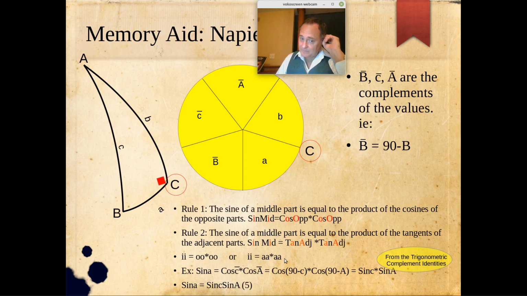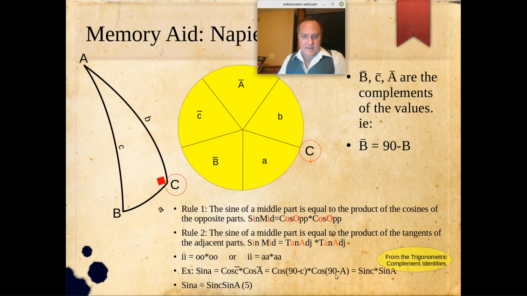All right. Now, let's take, for example, the first scenario. Using the example that I started with, A, the sine of a middle part is equal to the product of the cosines of the opposites. Cosine of C bar times cosine of A bar. But we know that C bar is 90 minus C, and A bar is 90 minus A. Okay?